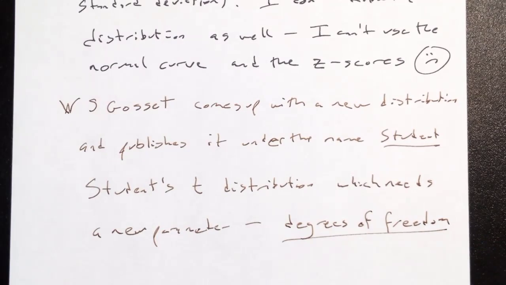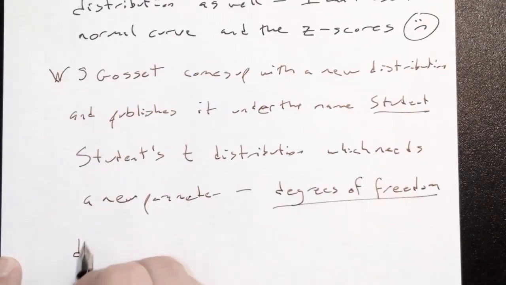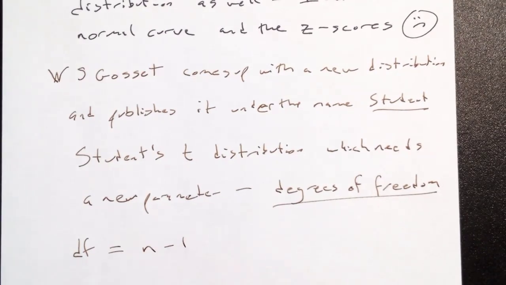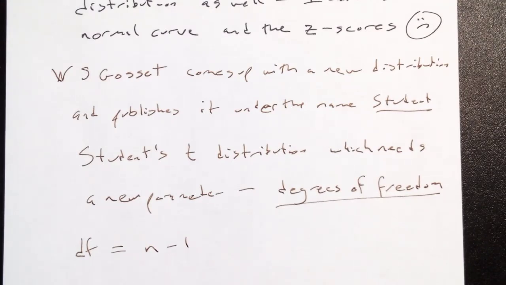That number is called the degrees of freedom. We'll abbreviate it DF. And it's 1 less than the number of samples. So if you've got 3 samples, you have 2 degrees of freedom. If you have 10 samples, you have 9 degrees of freedom. If you have 16 samples, you have 15 degrees of freedom.